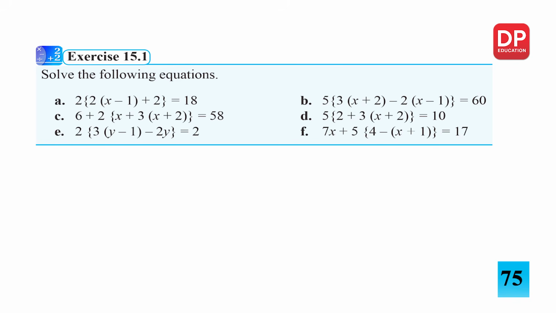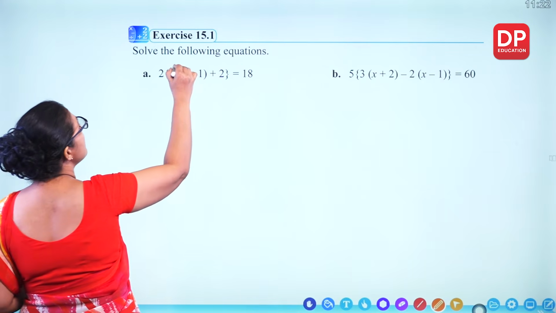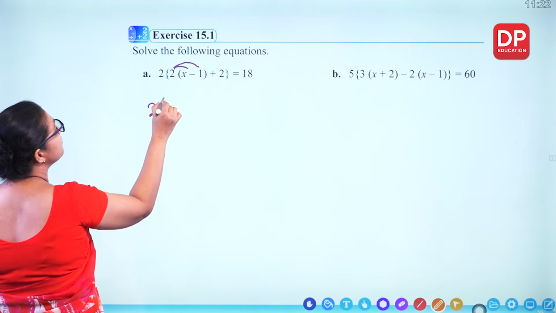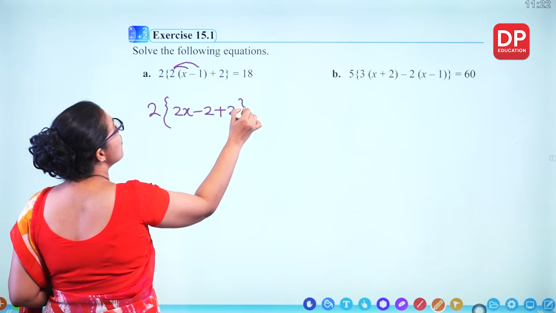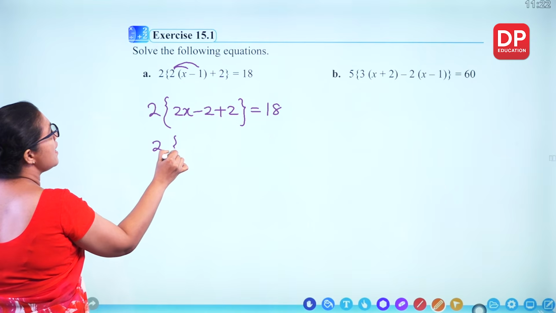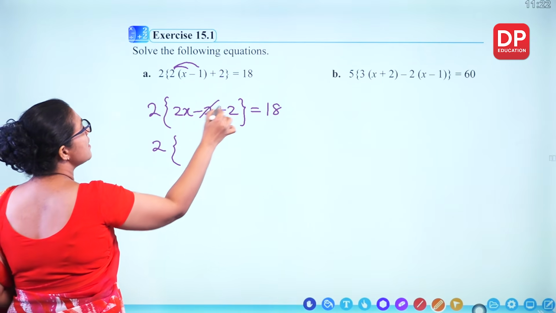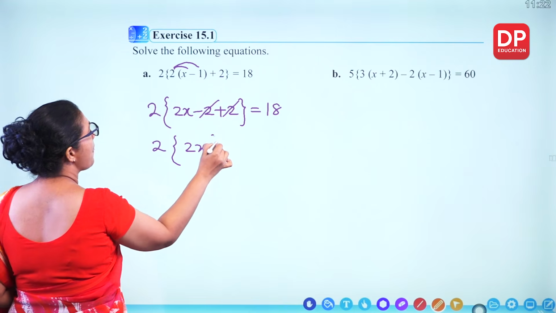Exercise 15.1. Solve the following equations. We'll first expand the innermost brackets. 2x minus 2 inside, and then simplify inside. 2x and here plus 2 minus 2 get cancelled out. So you get 2x here.